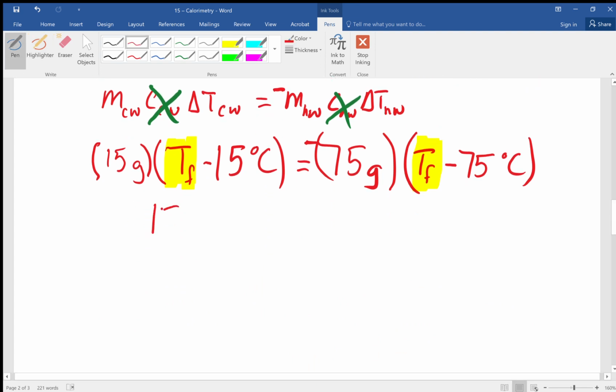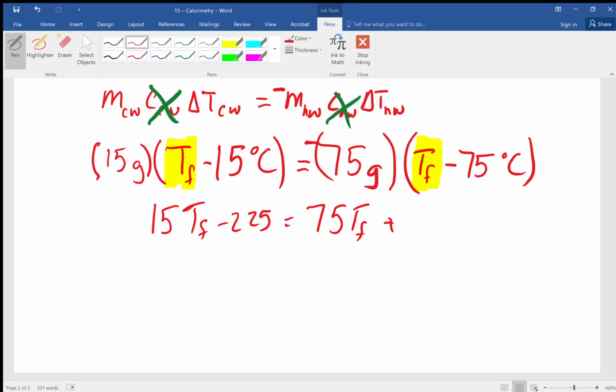On the left side, 15 T final minus 225 is equal to 75 T final minus 75, or well, since they're both negative, plus 75 times 75, which is 5,625.